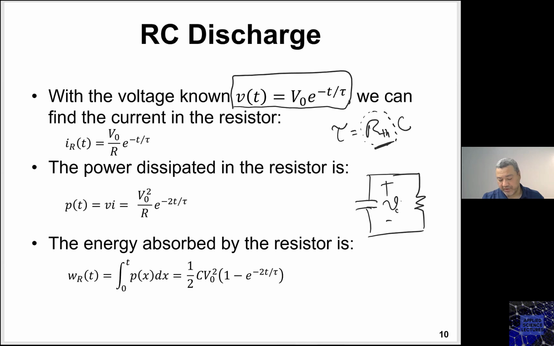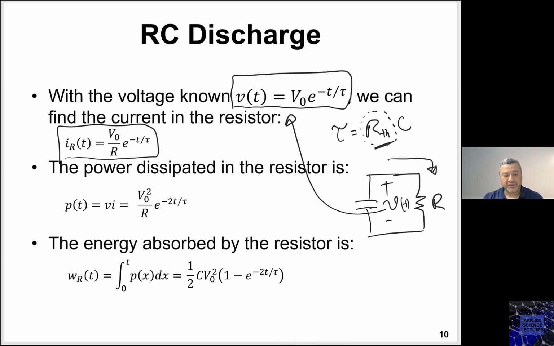If I'm calling this V(t) here, and this is V(t) here, then definitely the current into the resistor would be V(t) divided by R, which is V naught over R e to the power minus t over tau.